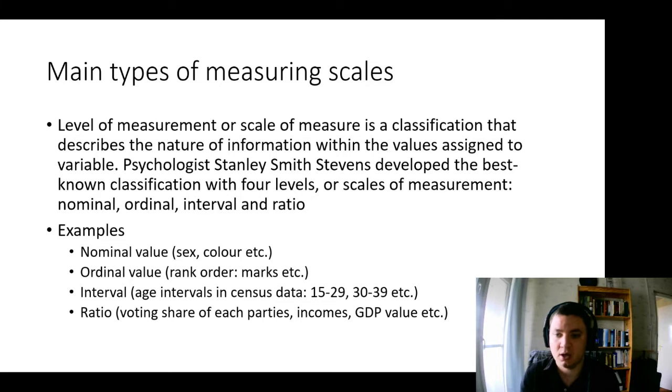And there is another scale of measurement, the ordinal value, in which we have only a rank order, which is the first, for example, in GDP per capita, which is the second, and which is the last one. The marks are a very good example for this.